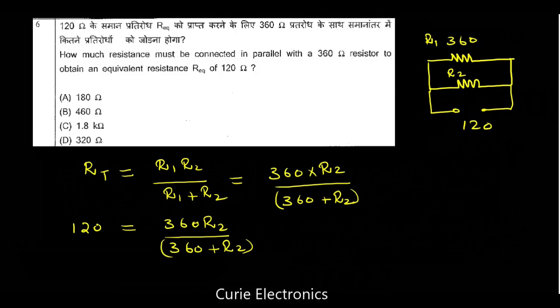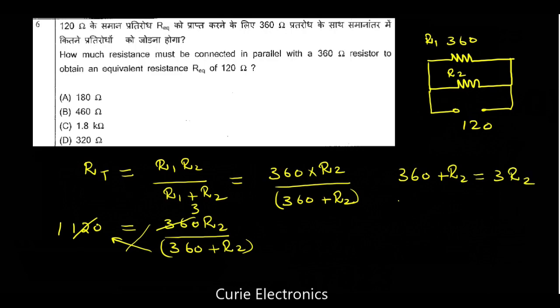Now simply, 120 is there on the left hand side and 360 on the right side, so we can divide this complete thing by 120. Here 1 will be there, here 3. Now I will cross multiply. 360 plus R2 equals 3R2.